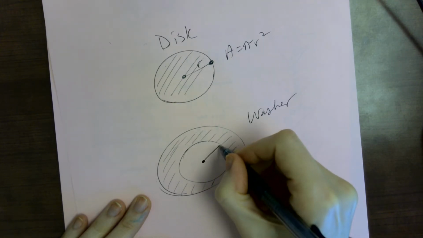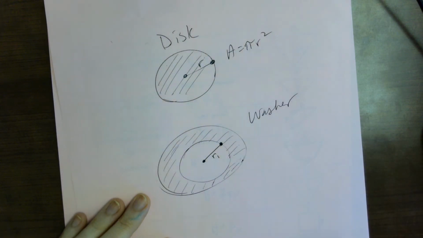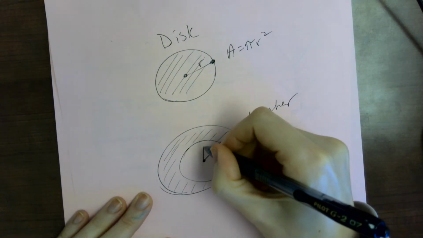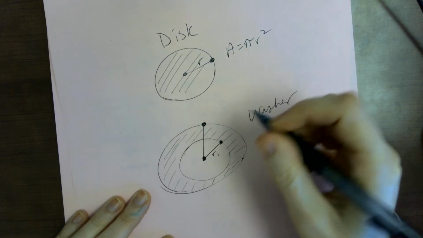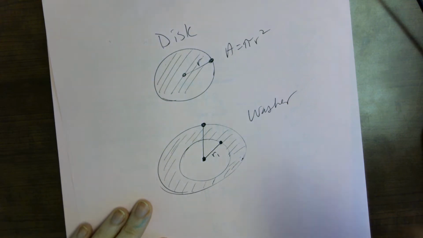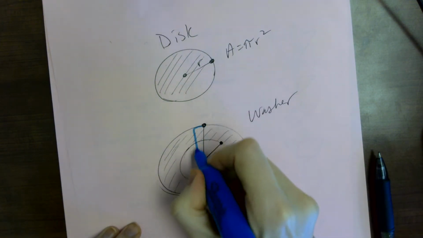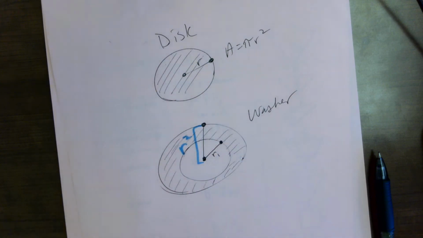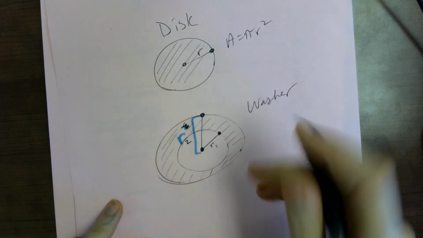It's got this inner one, which is the empty space, which I'll call R1. And then it's got this longer radius that includes both the empty space and the washer itself. And that length we will call R2. Not R squared, whoopsie, R2.